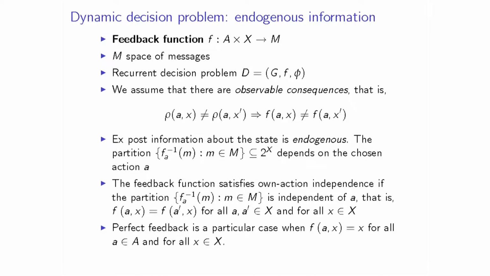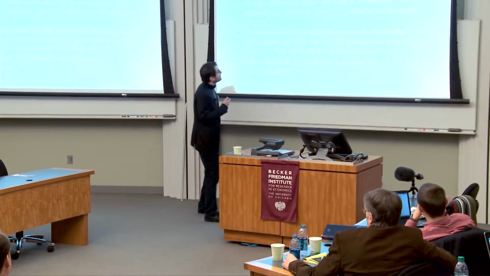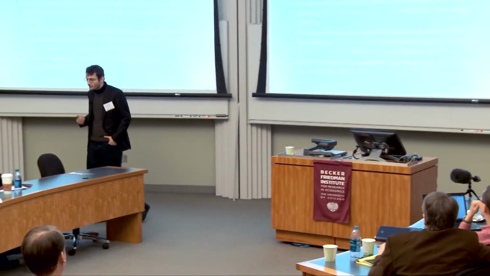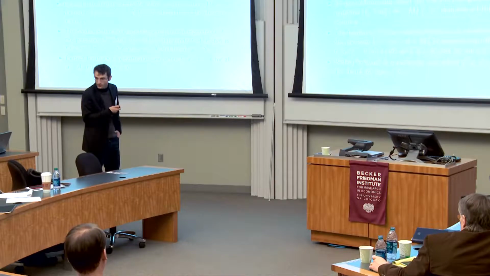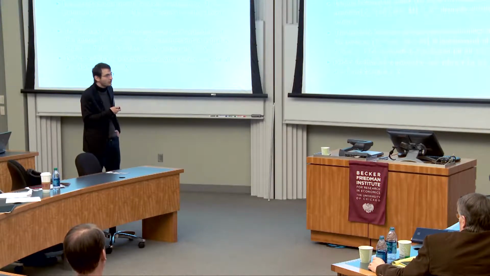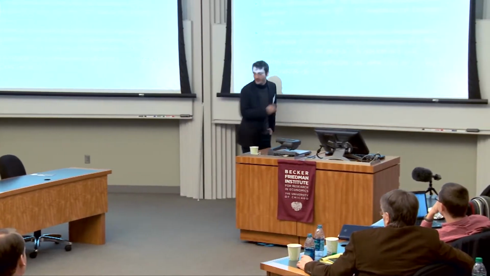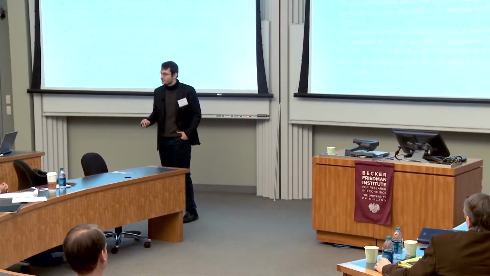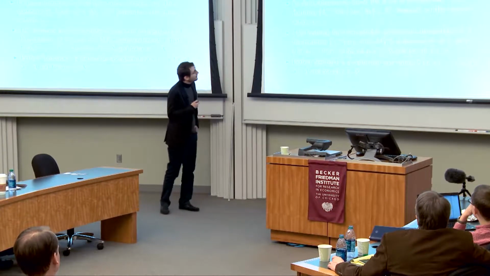That is, consequences are observable. So observing a consequence does not inform the decision maker more on the true state that realized than what already the message communicated. In receiving the consequence, there is no information that was not already embedded into the message the decision maker received ex post, after he chose action A and state X realized.